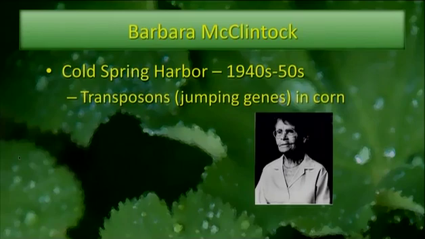The yellow and green leaf areas were because transposons were inserted into a gene used for chlorophyll synthesis. The green areas on the white leaves resulted when transposons moved out of a chlorophyll synthesis gene, causing it to function again. She got the Nobel Prize in 1983.